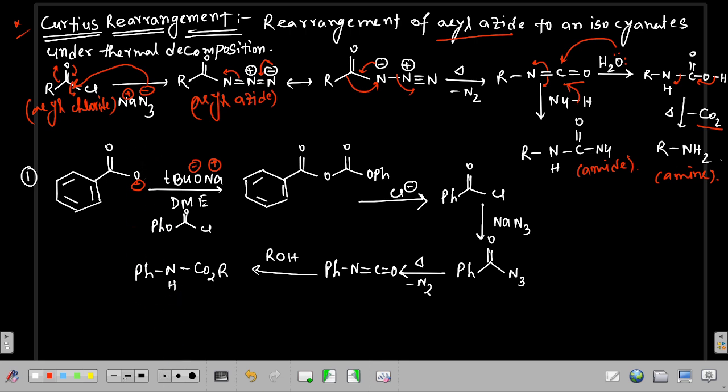Okay, so this anion will attack on this carbonyl carbon of this reagent, and it leads to the removal of chloride ion, and it leads to the formation of this anhydride.